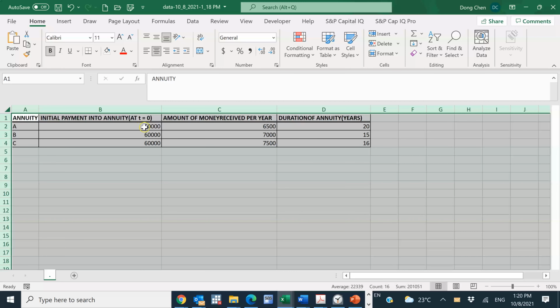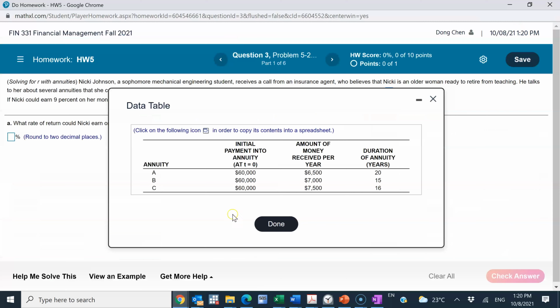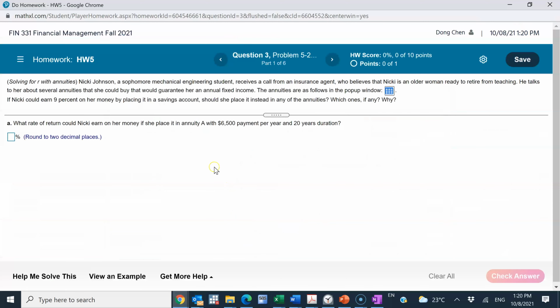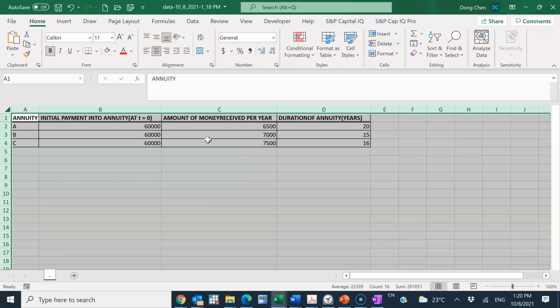So this is like our investment, and this is like our return in terms of the cash flows. So the question here is asking us what is the return on annuity A. If we think about compounding, this is my investment.